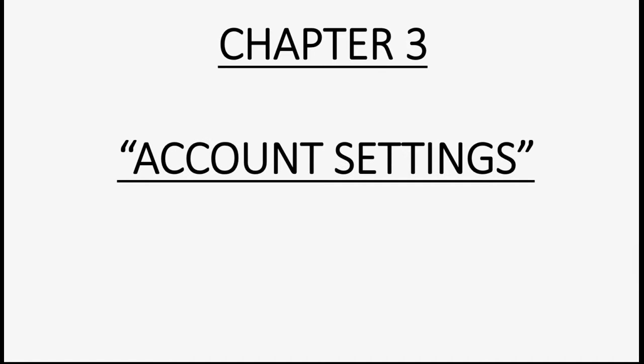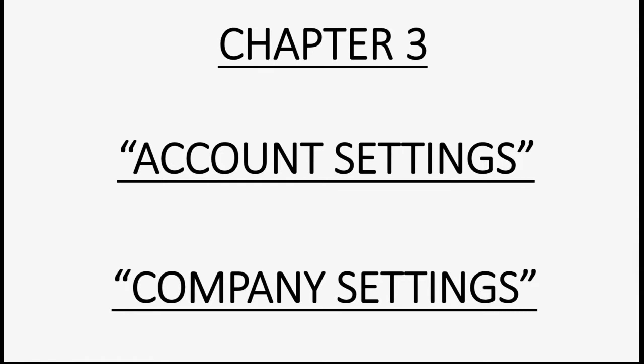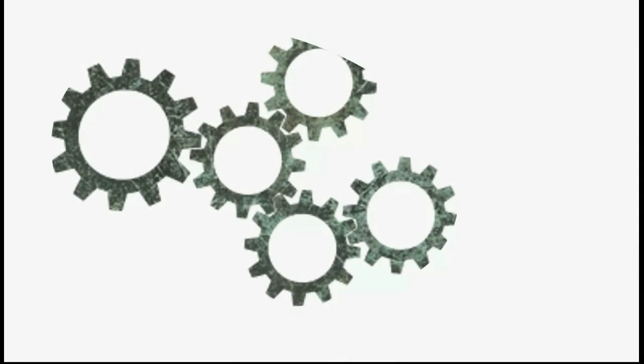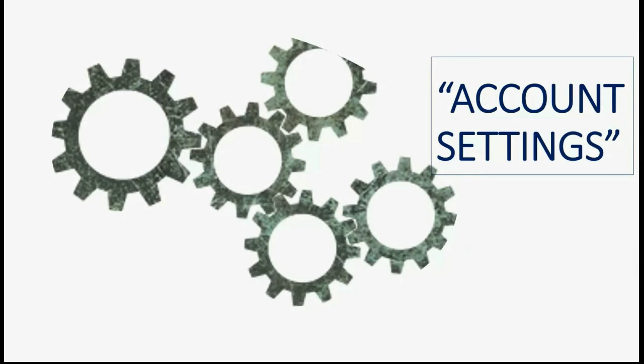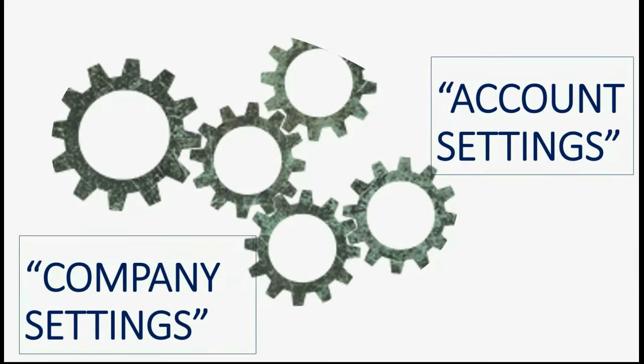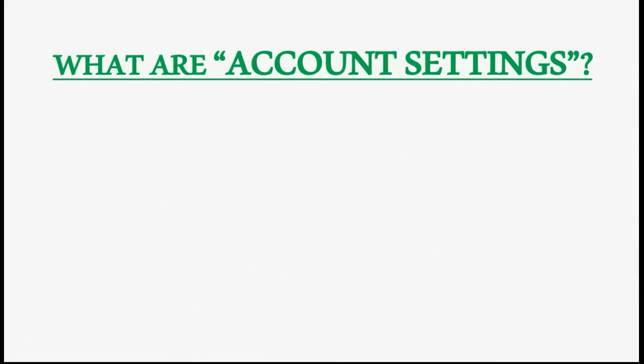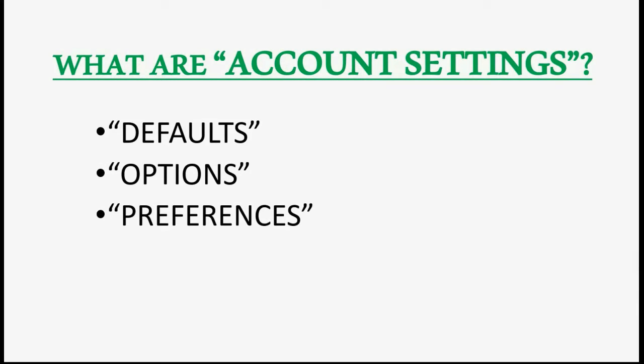All of the things that you can do when recording billable reimbursable expenses start right here with the account settings window. It's also called the company settings window if you have the accountant's edition. Now you may well ask, what are the settings? Well, the settings in QuickBooks Online are what we call the defaults, the options, the preferences.